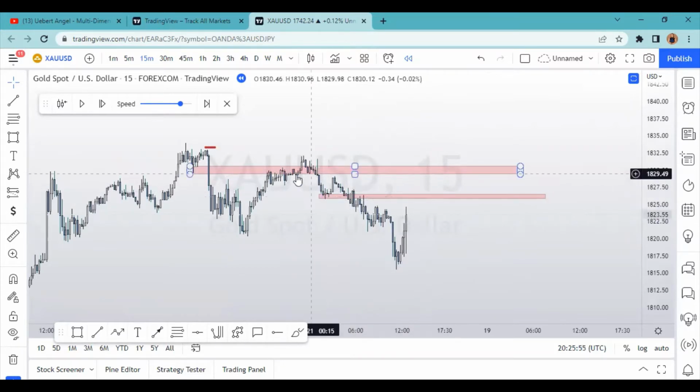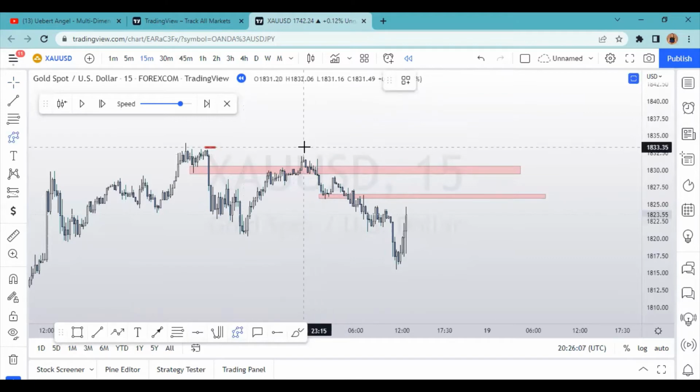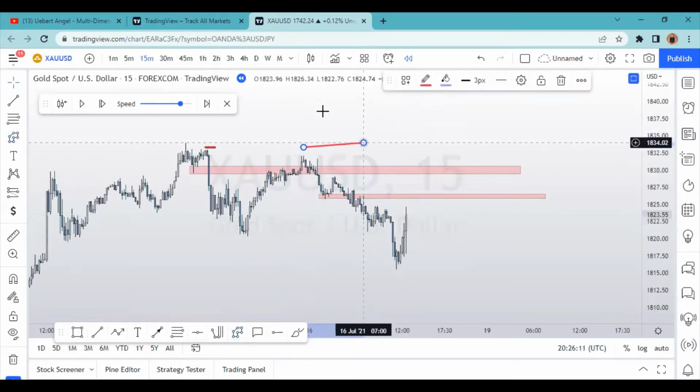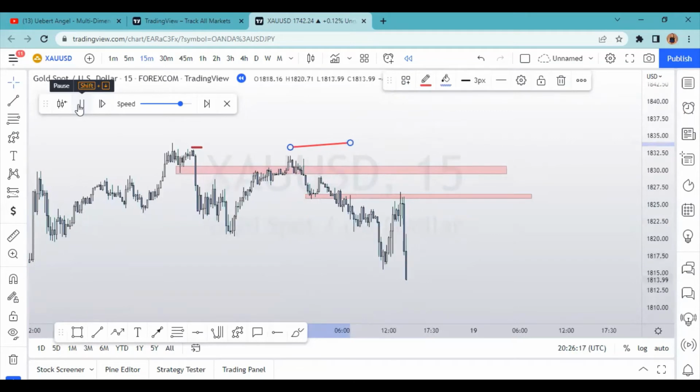Ideally, if you are using break and retest and you enter here with your stop loss just above, you just have to sit in a bit of drawdown, and then price will go your way.